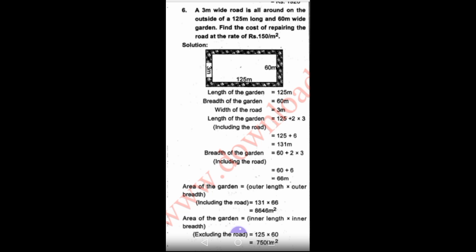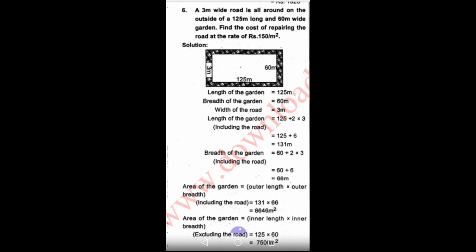Find the cost of repairing the road at the rate of rupees 150 per meter square. The width of the road is 3 meters, and the road is all around the garden, and the garden's length is 125 meter and breadth is 60 meter.